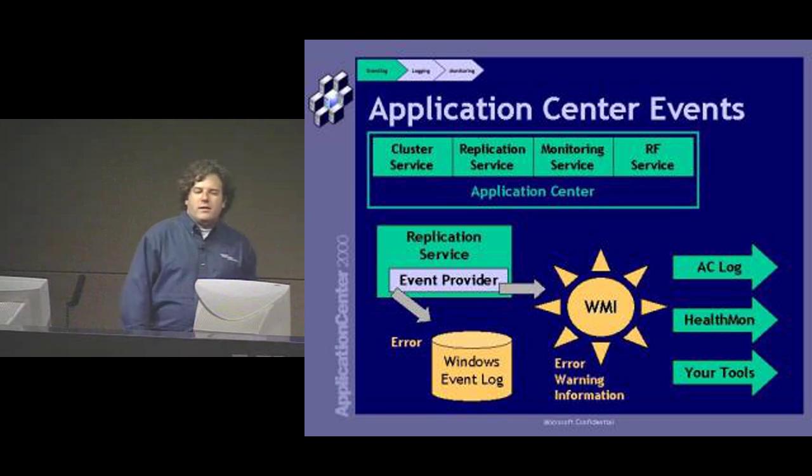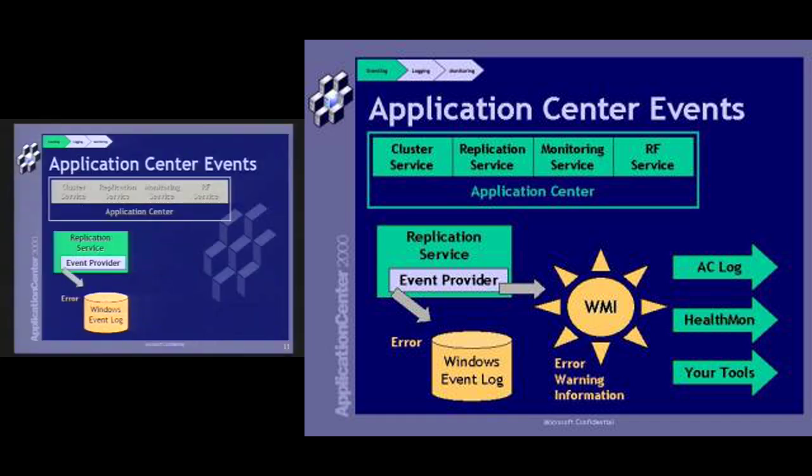Each of the servers has an instance of our event provider. If the event is an error event, we're going to write it directly to the Windows log for reliability. Just in case there's something else wrong with the system, if WMI is down, we want to make sure that error event is available.